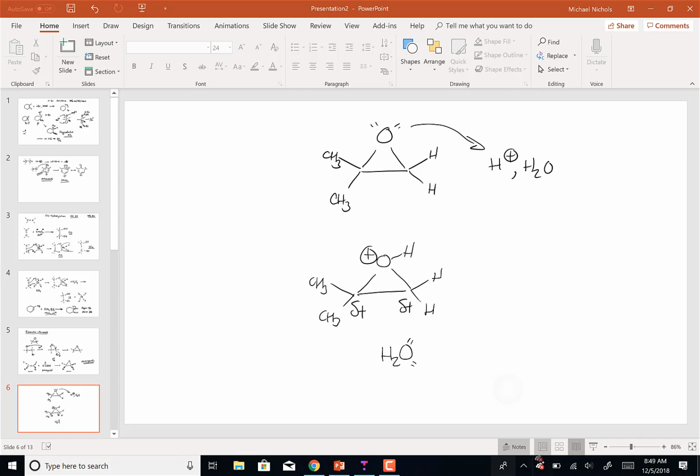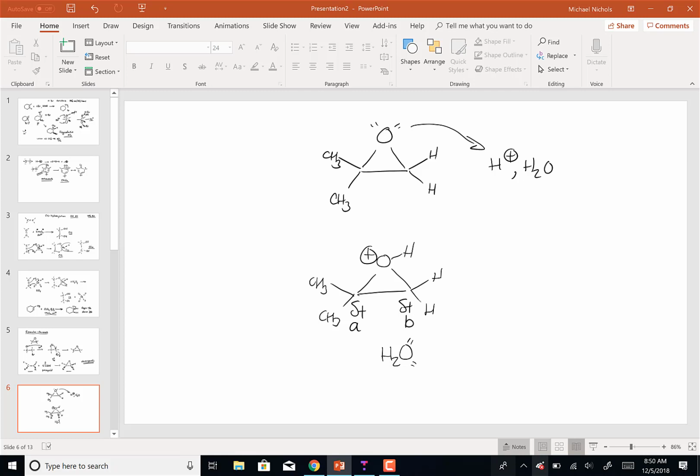Now, which carbon is the water going to add to? Carbon A or carbon B? Or if you don't know specifically A or B, which one is the water going to add to?